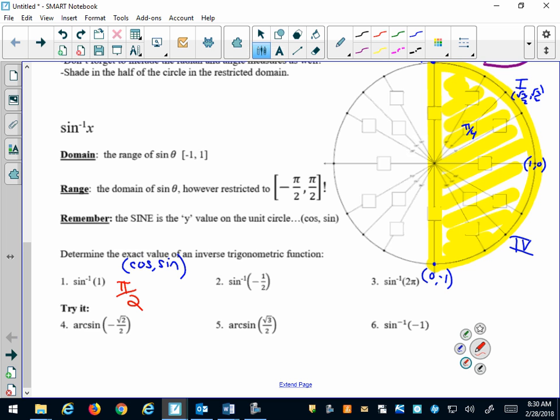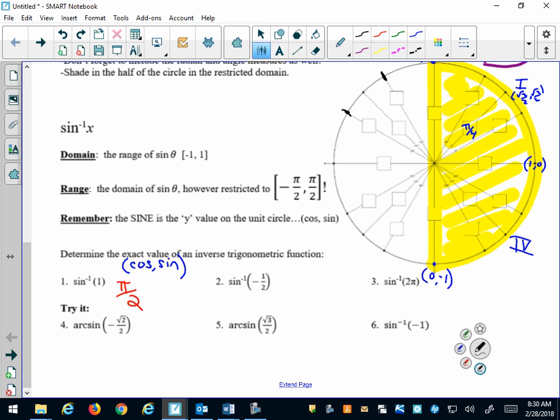Okay, so I heard 2 pi over 3, which is here, and it's not in our shaded region. Actually, you are incorrect because we need sine, not cosine.